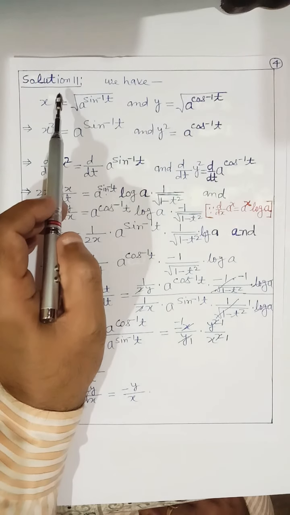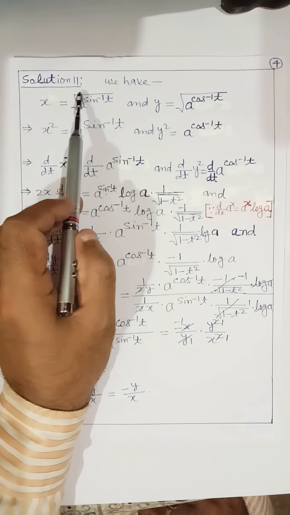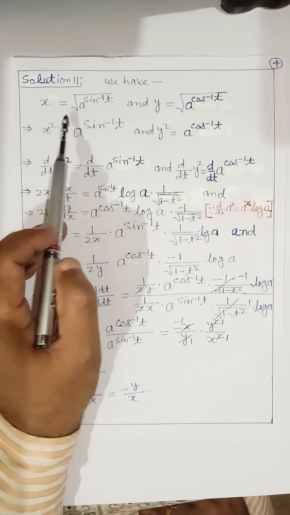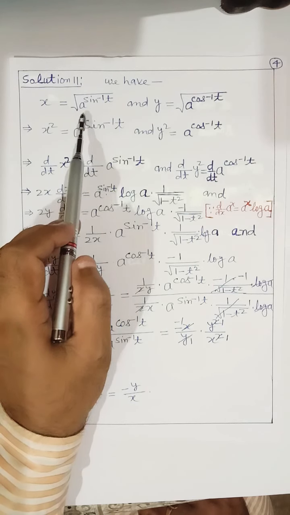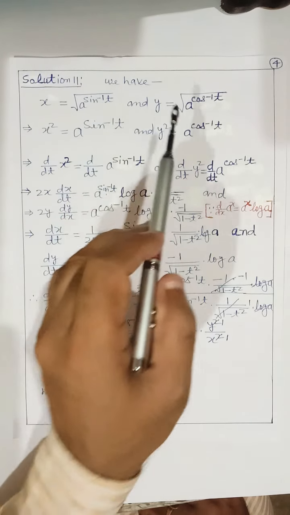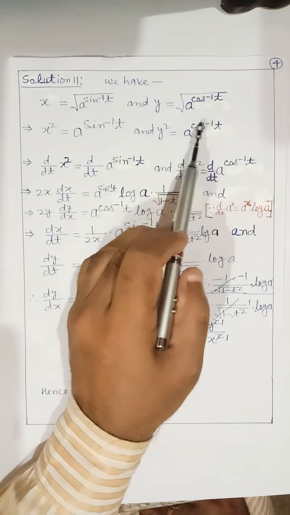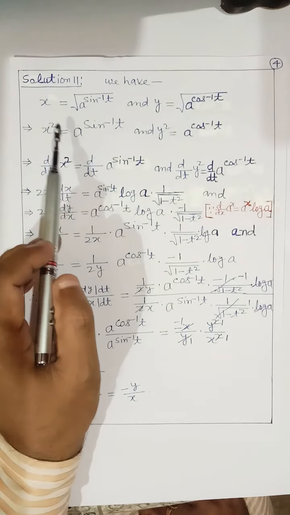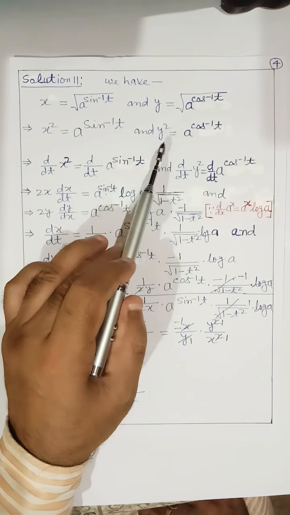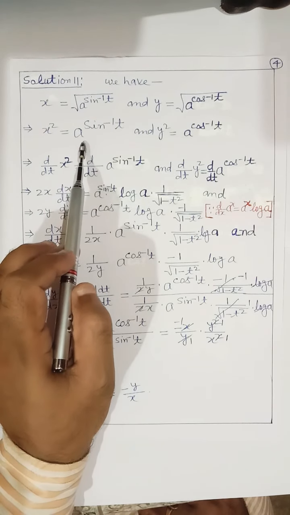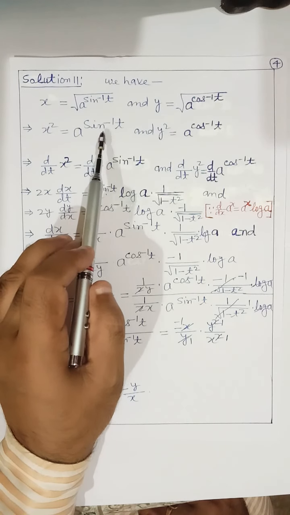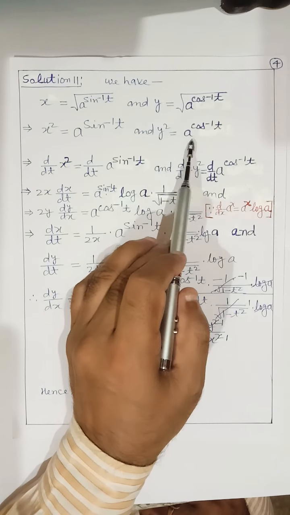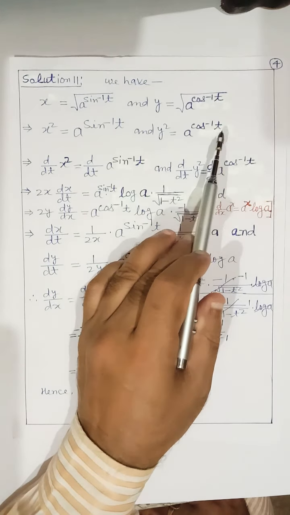Now, we solve question number 11. We have x is equal to square root of a to the power sin inverse t and y equal to square root of a to the power cos inverse t. Here, squaring on both sides, we get x square is equal to a to the power sin inverse t and y square is equal to a to the power cos inverse t.